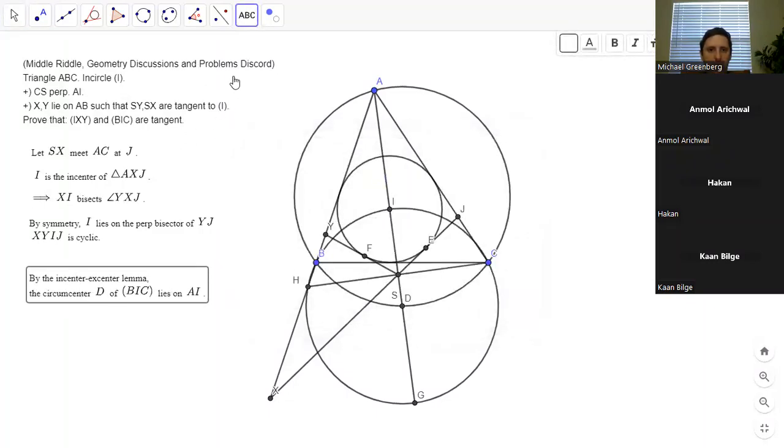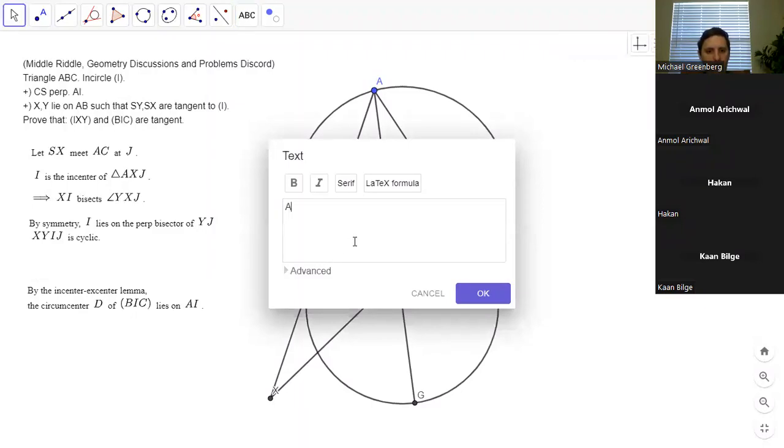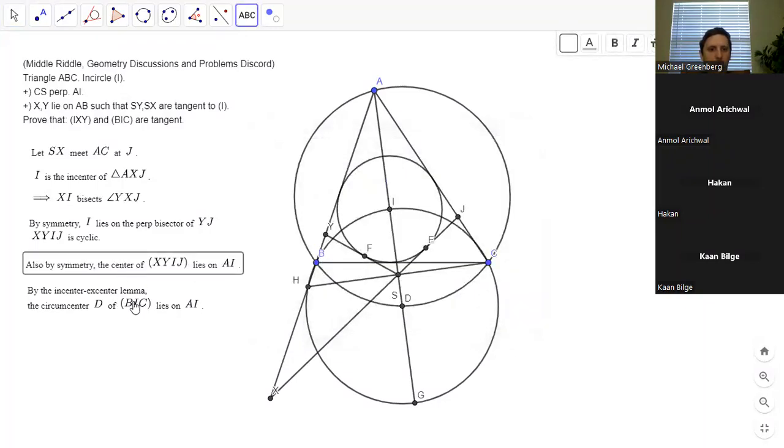So here we have by symmetry, and then we also have by symmetry, the circumcenter of YIJ lies on AI. And so that shows that these circles are tangent.